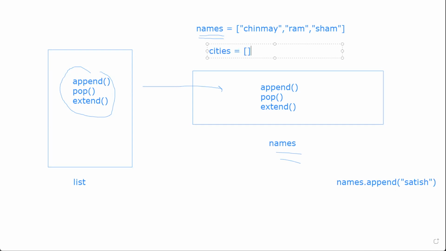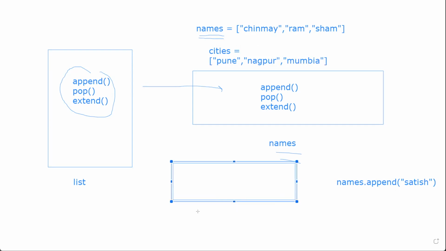Tomorrow if you create another list like cities equal to Pune, Nagpur, Mumbai, another object of list will be created. The address of this will be cities, and what is available on the list data type will also be available here.